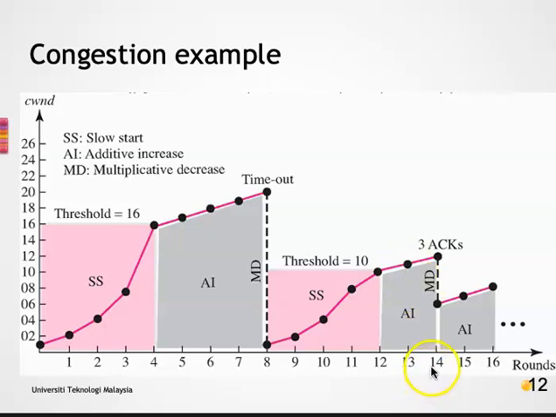Okay, and next at round 14, the congestion window size is around 12. Suddenly here at round 14, the retransmission occurs because 3 duplicate acknowledgements have been received.